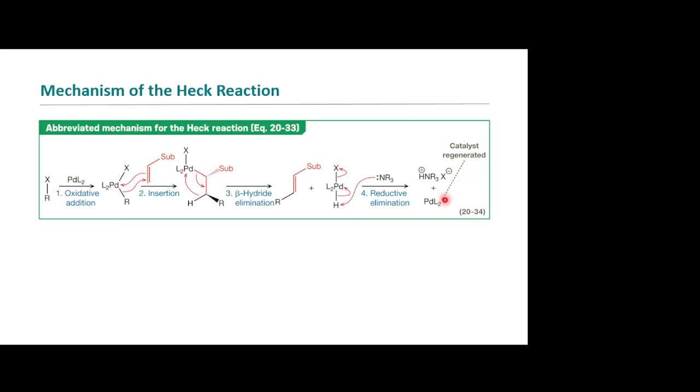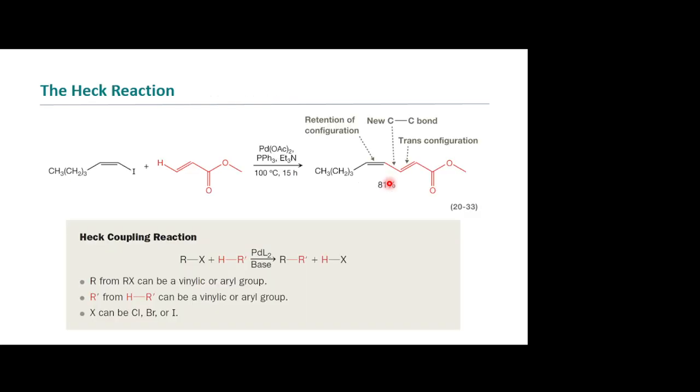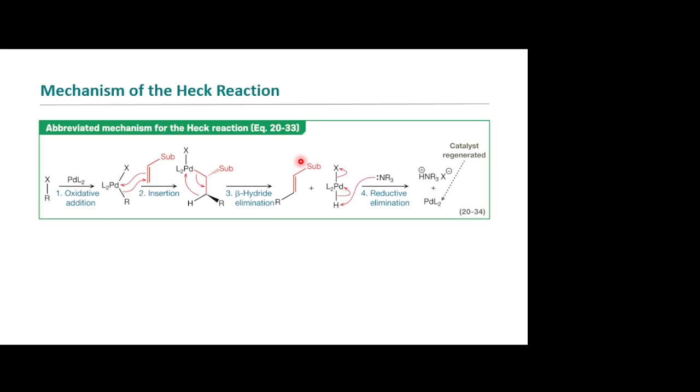So then we regenerate our catalyst right here. If you don't have the presence of this base, by the way, this amide, that's the amide right there in that case, you only do one cycle of the reaction because you actually use up your catalyst. Okay. All right.